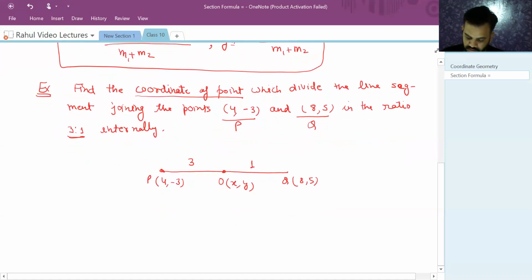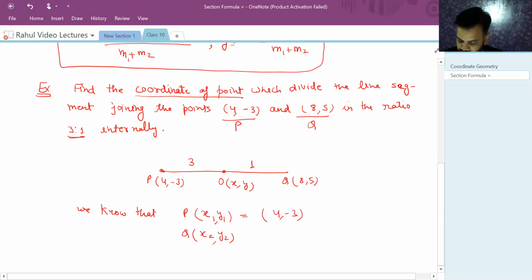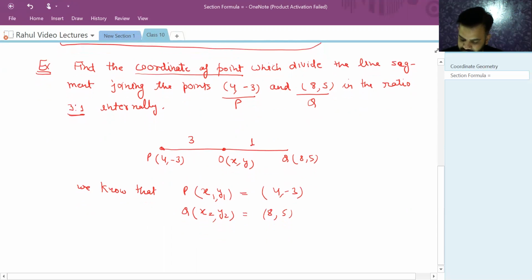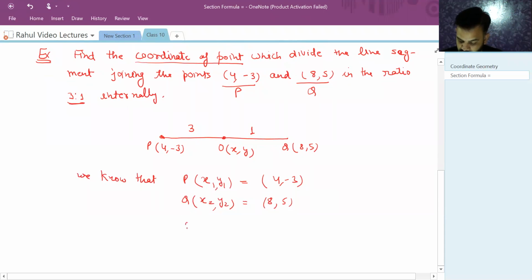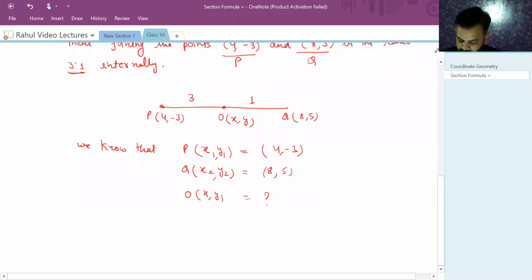Okay, so we know that P, suppose x1, y1 equal to 4, -3, and Q x2, y2 equal to 8, 5, and O x, y you have to find out, and M1 ratio M2 you have 3 ratio 1.